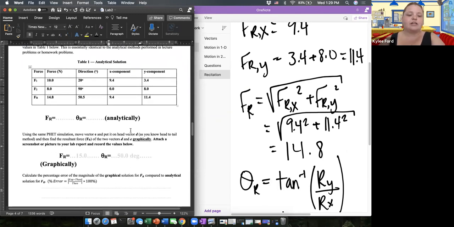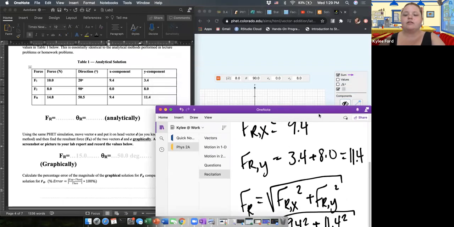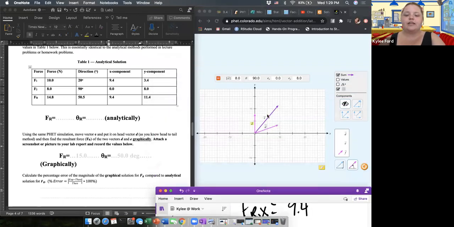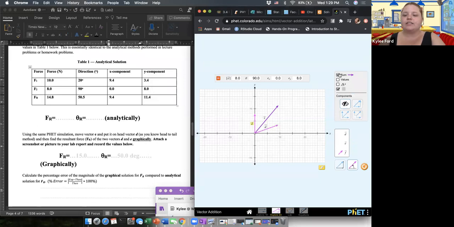This next part where it asks you to do it graphically is kind of like what we just did here, but instead of having that summation vector on there, we do the tip to tail method and do something like this, where we've got the first vector plus the second vector, and then we can connect those using the tip to tail method.